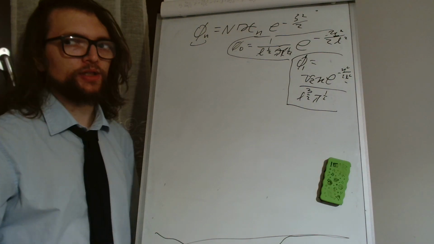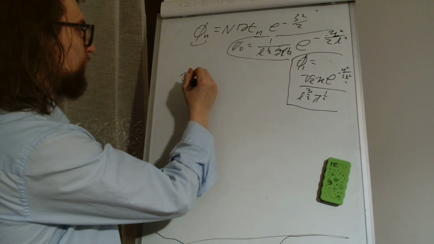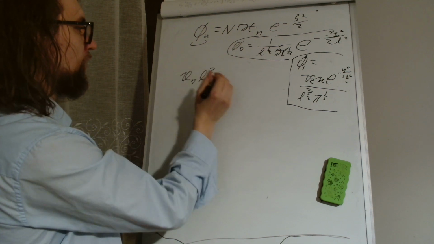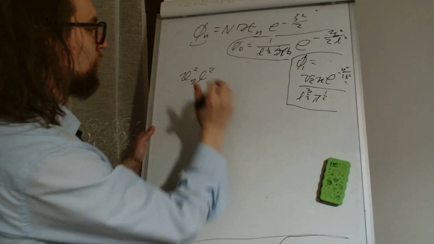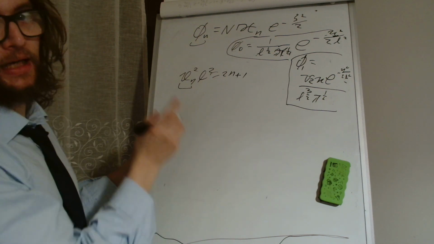Now one last consideration about the energy. If you remember, we made the substitution k squared L squared equals n plus 1, and k is the rescaled energy.